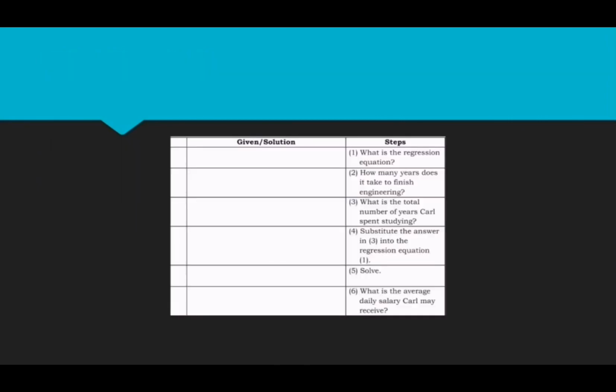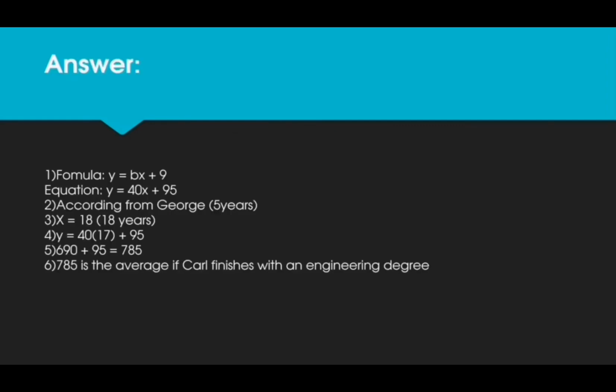So this is the given and the solution. These are also the steps, as you can see. First step: what is the regression equation? The formula is y equals bx plus a. Then the equation is y equals 40x plus 95.